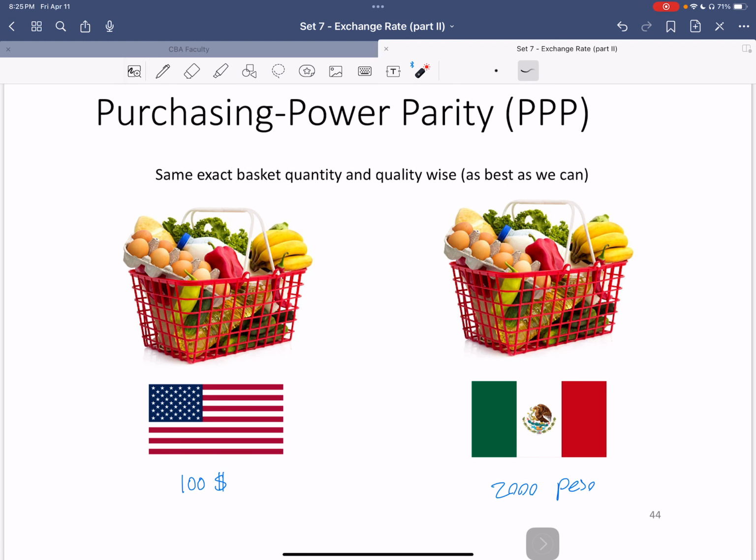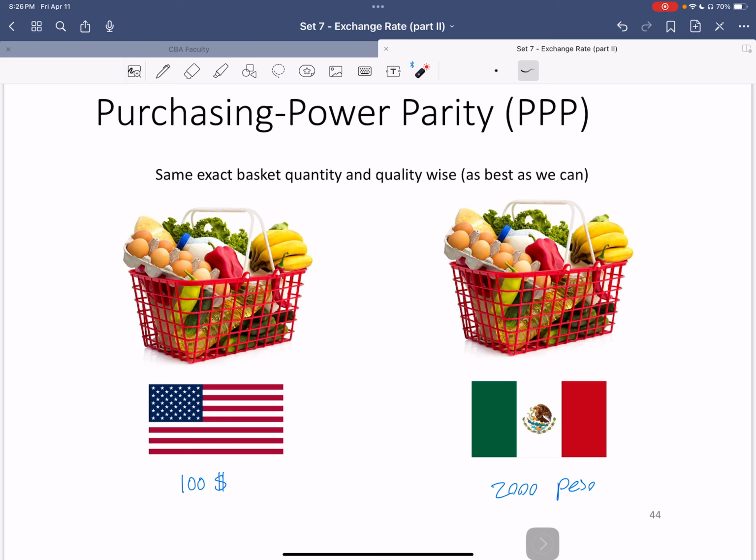Purchasing power parity is a theory that says that $1 in the US has the equivalent purchasing power as the PPP conversion rate, the purchasing power parity conversion rate. In this example, the purchasing power parity conversion rate is 2,000 pesos over 100 US dollars, which is exactly equal to 20 pesos per US dollar, which is exactly equal to the nominal exchange rate.